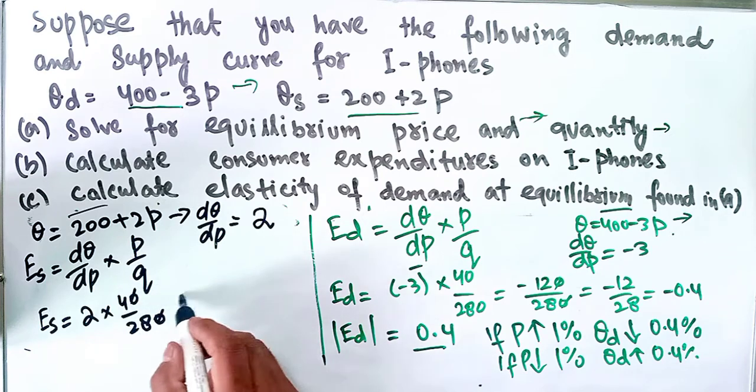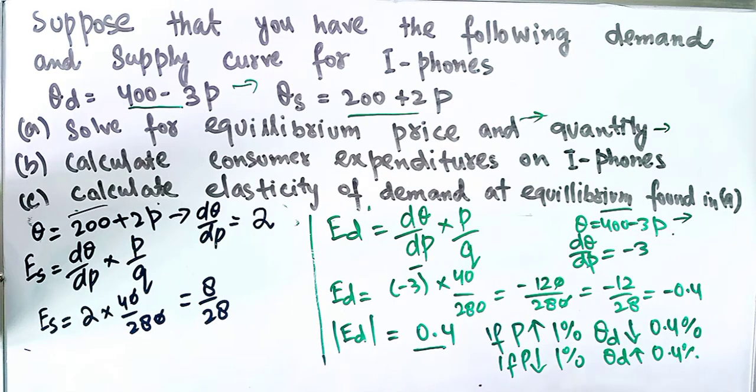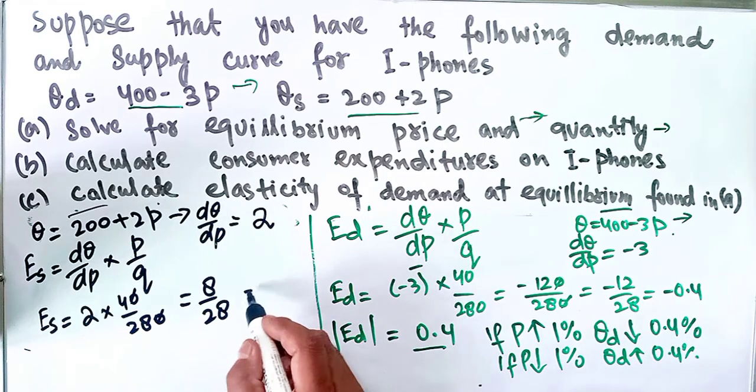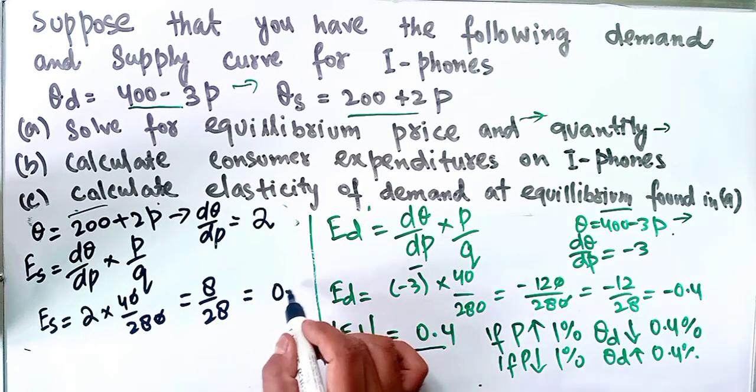Okay, this will get cancelled, so 4 2s are 8 divided by 28, and here we will get a number. I am not sure about the calculation, so let us say it is 0.2 here.